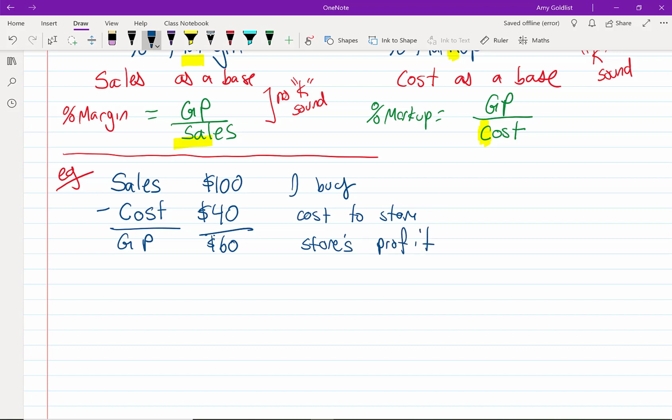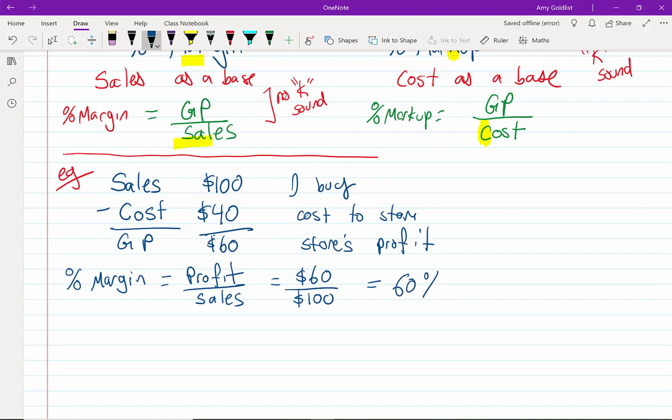Using this basic setup, we can do both the percent margin and the percent markup. Percent margin is profit over sales. Here, that's going to be $60 over $100, and that equals 60%. Percent markup, on the other hand, is equal to profit over cost, which is still $60.